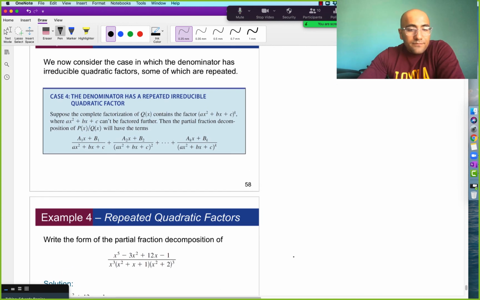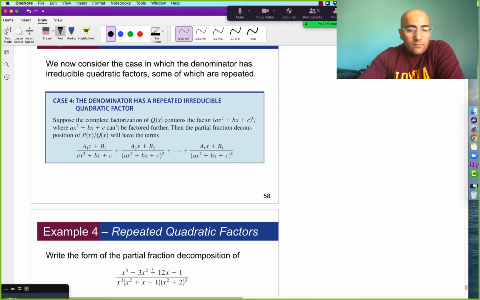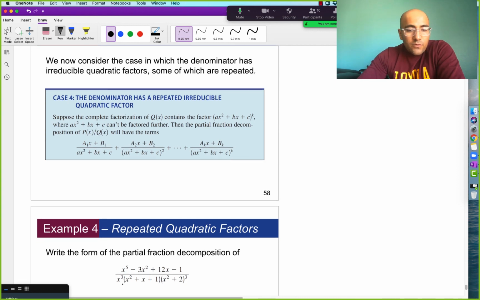So here's an example. Notice that this fraction is already given with the denominator factored. There's going to be a different fraction for each one of these powers because it's repeated up to a power of 3.